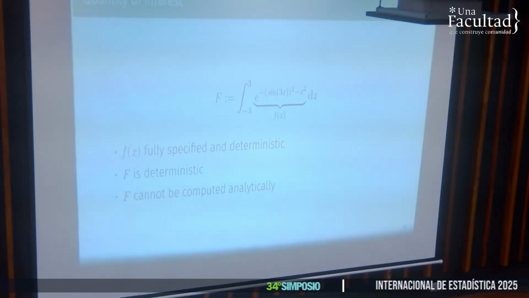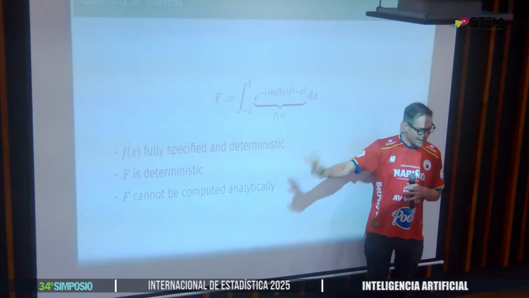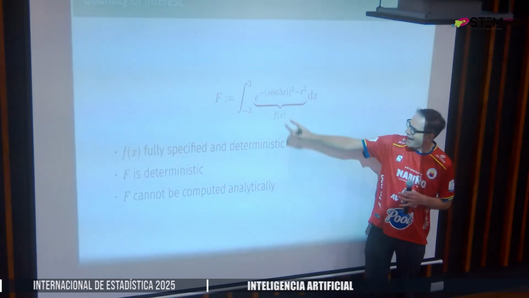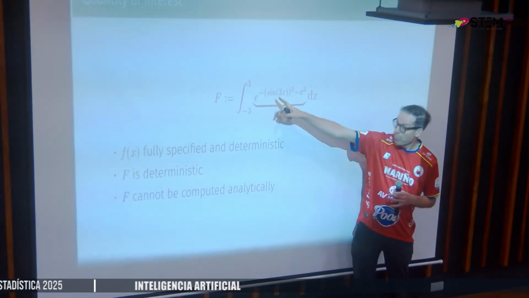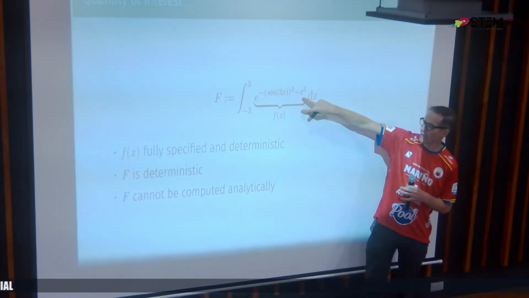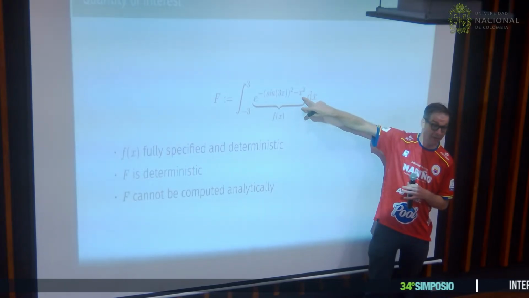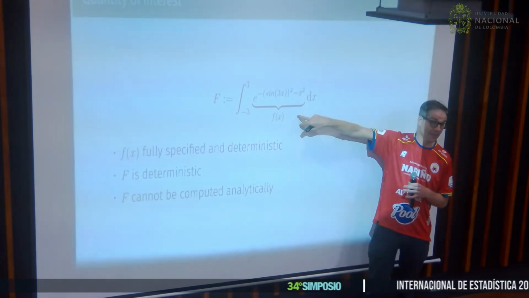As an example, I'm going to take a computation that I can't do. I have a function, e to the minus sine 3x squared minus x squared. This function is super easy to evaluate, but the integral doesn't exist in closed form.